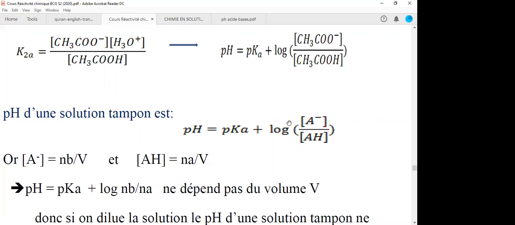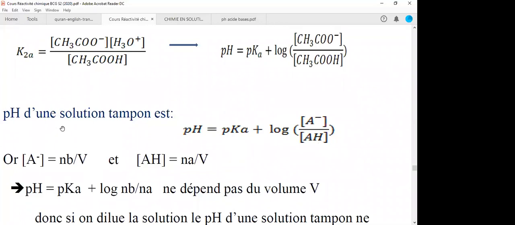When we introduced this topic, if you've forgotten how we arrived here, try to revisit that topic. Here there was B, here there was A. A here was representing an acid, B was representing a base, which is the same as this one. A minus is the base conjugate. AH is an acid.